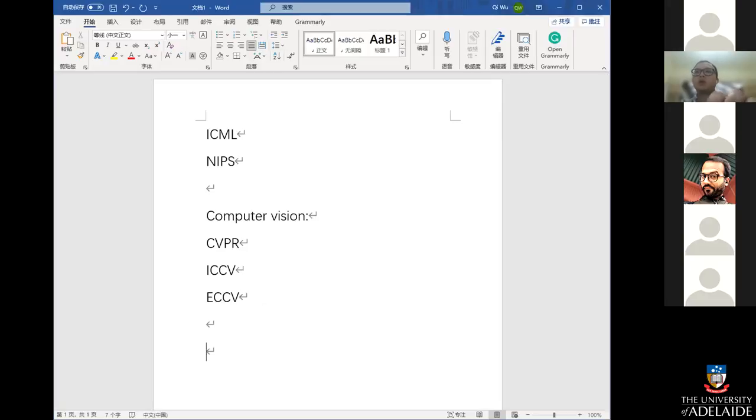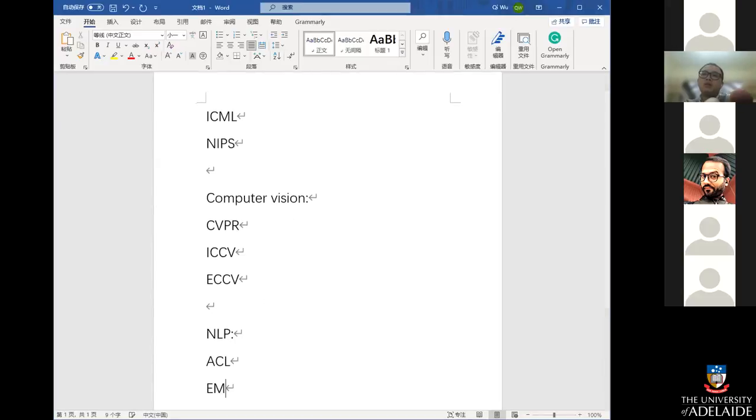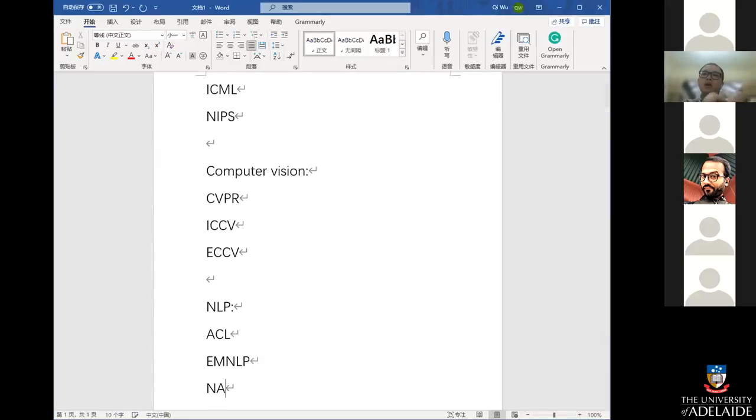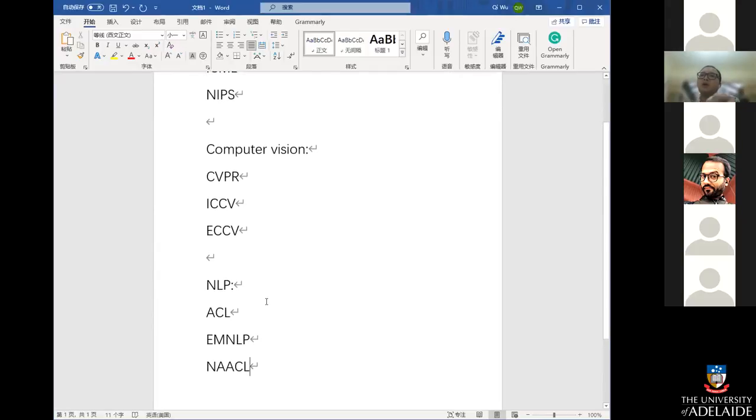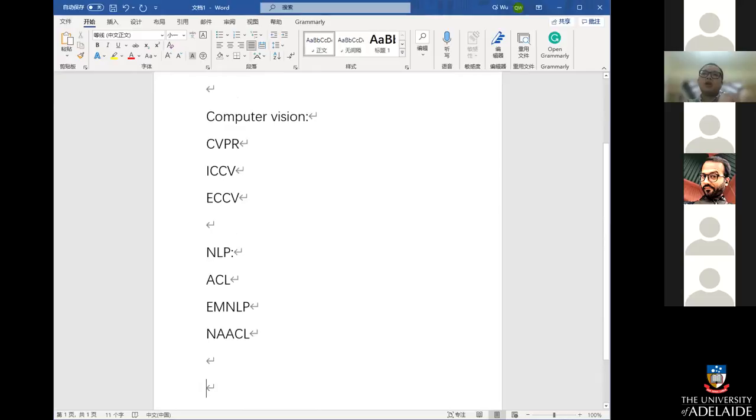If you want to work on NLP, so if you want to solve some application related to natural language processing, you can go to ACL, EMNLP. So these are the conferences from the NLP side. And we also have general AI.